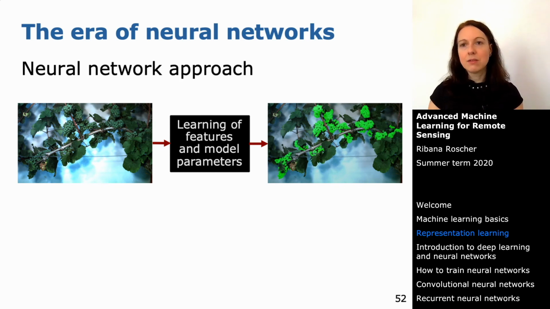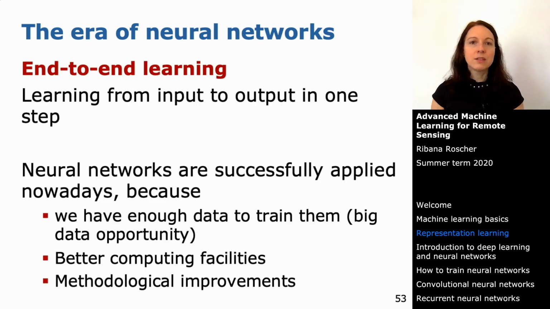And this representation is well suited for the task because it's jointly learned. This is called end-to-end learning: learning from input to output in one step. You do not have this feature selection and extraction step followed by the training step of your machine learning model anymore. Now you solve it in an end-to-end manner.